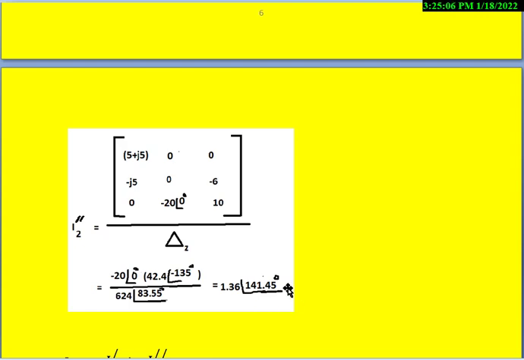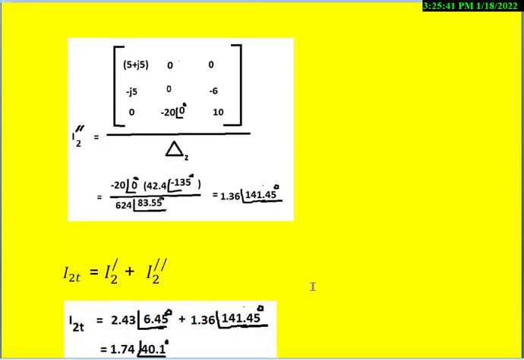After further simplification we get 1.36 at an angle of 141.45 degrees.